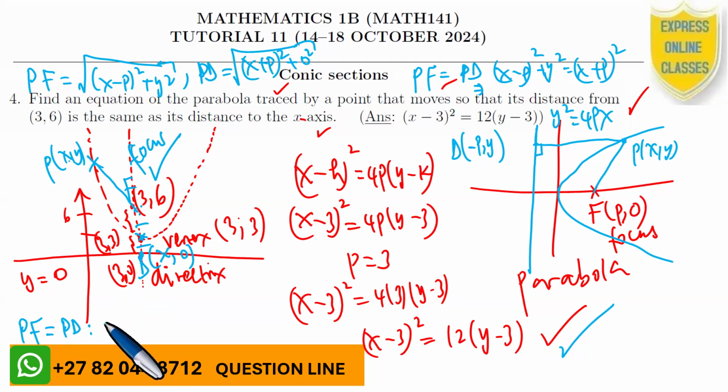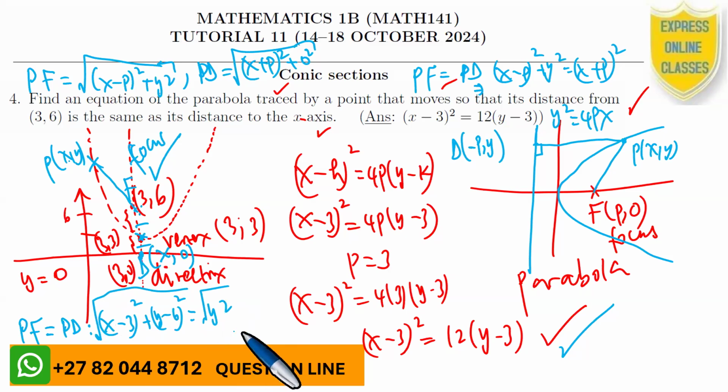And then what is PF? It's x minus 3 squared, then you do y minus 6 squared is equal to its distance from the x-axis. So the x minus x is going to be 0, giving us only y squared. Obviously the distances are equal, so you have square roots there, but we square both sides. And if we do, you would have exactly that.